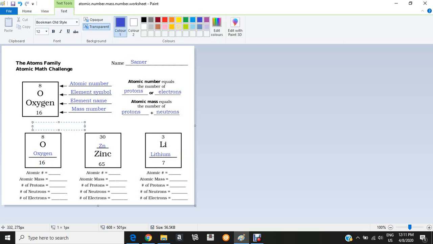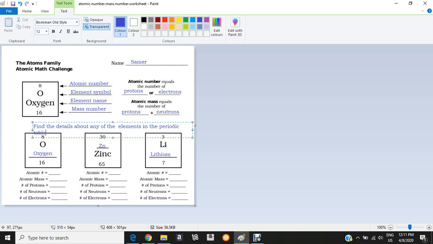So I'm going to leave you a note here: find the details about any of the elements in the periodic table.